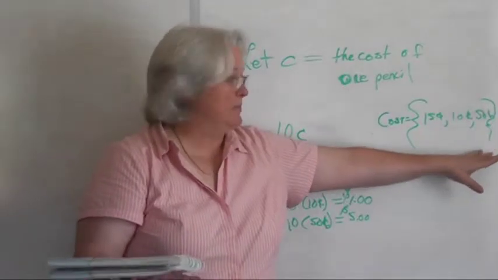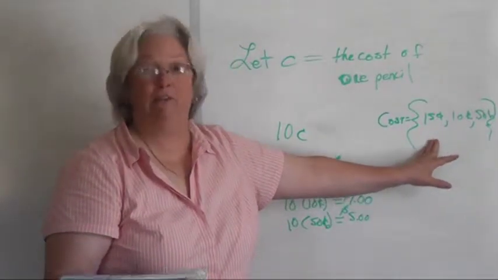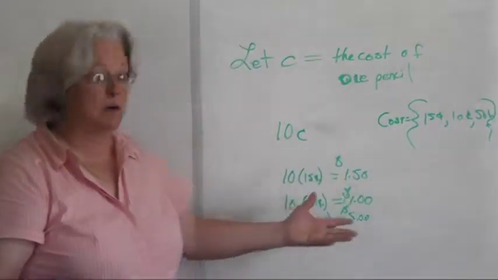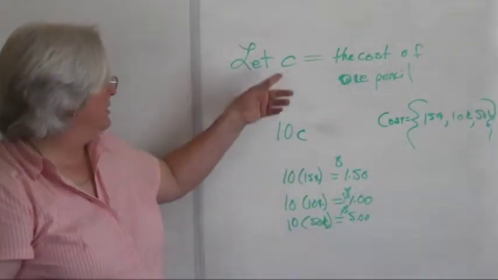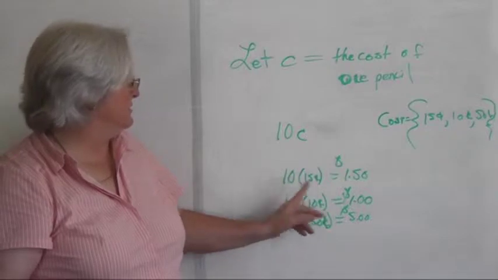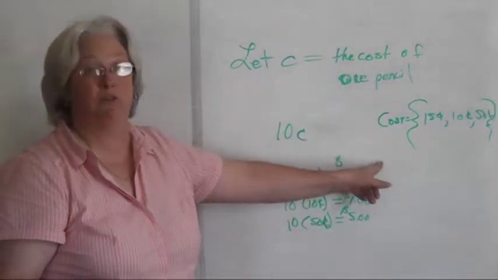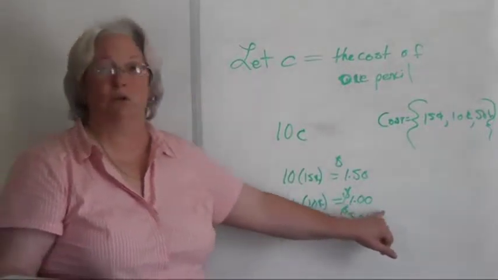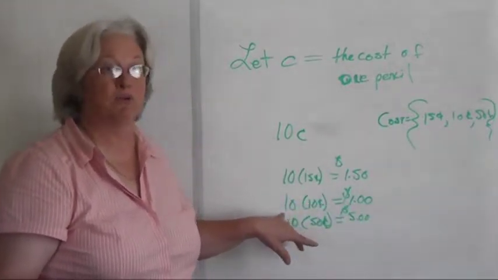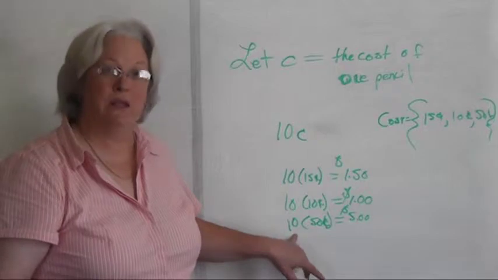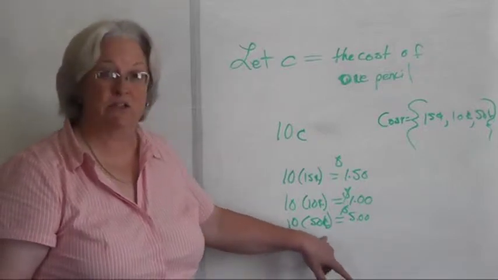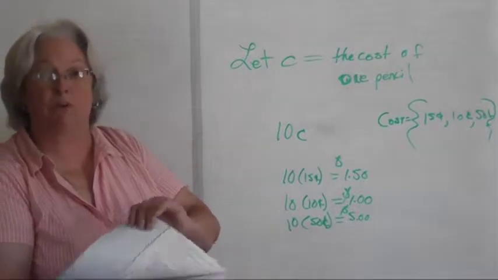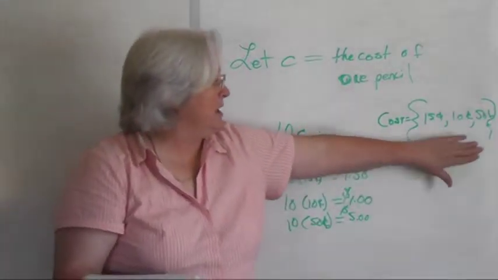So I picked a domain, instead of the domain being 5, 10, and 17, I picked 15, 10, and 50. What's the cost of the pencils be? Well, if 1 pencil costs 15 cents, 10 is $1.50. If 1 pencil costs 10 cents, 10 of those pencils cost $1. Likewise, 10 pencils at 50 cents cost $5. And that's the example that they're going through, just with different numbers in the domain.